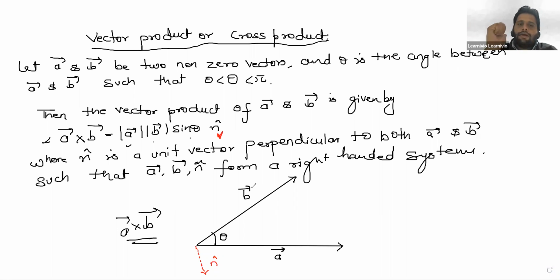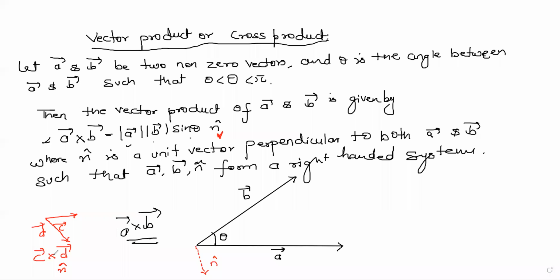Now everyone please let me know, suppose we have here vector C, and this is vector D, and we are finding C cross D. Everyone please tell me what will be the direction of n cap.